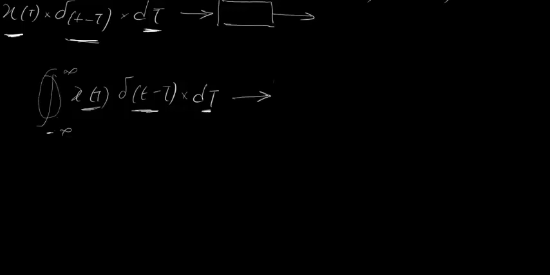If I feed this to my system, because it is linear and time invariant, I should get here h of t minus tau times x at point tau times interval d tau.